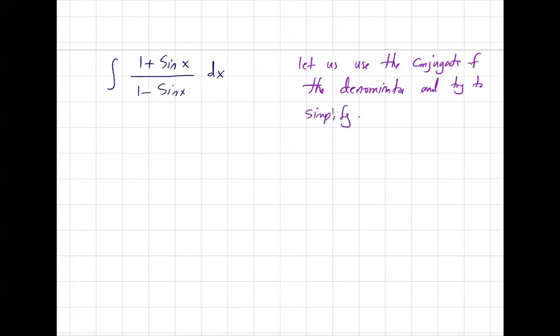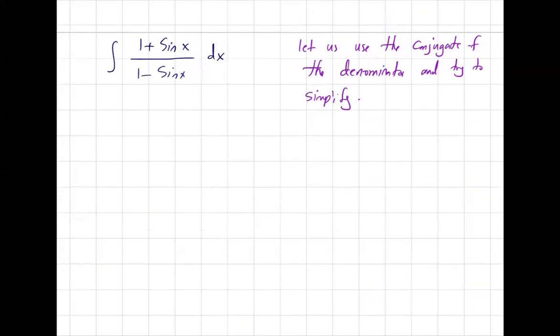So from algebra, remember that if you have an expression or a term like a minus b, its conjugate is a plus b. So you only change the sign in between. If the term was a plus b, the conjugate is a minus b. So you're basically switching the signs.